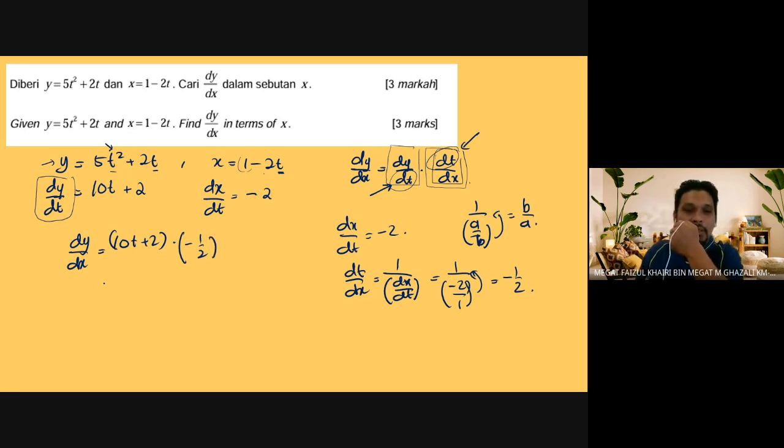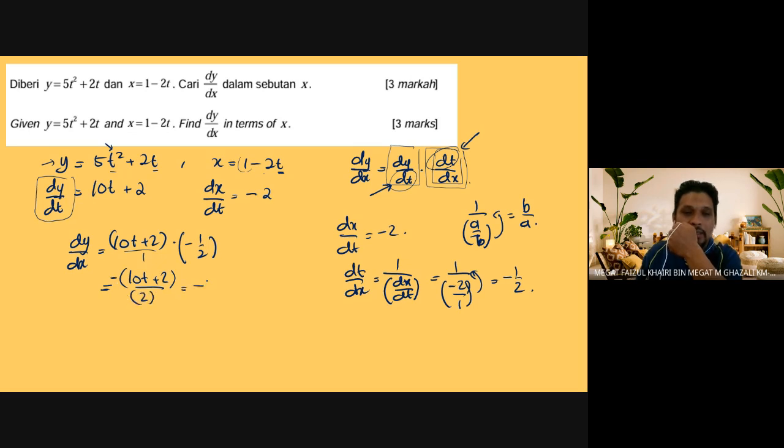So this now becomes 10t plus 2 divided by 2, with the negative outside.